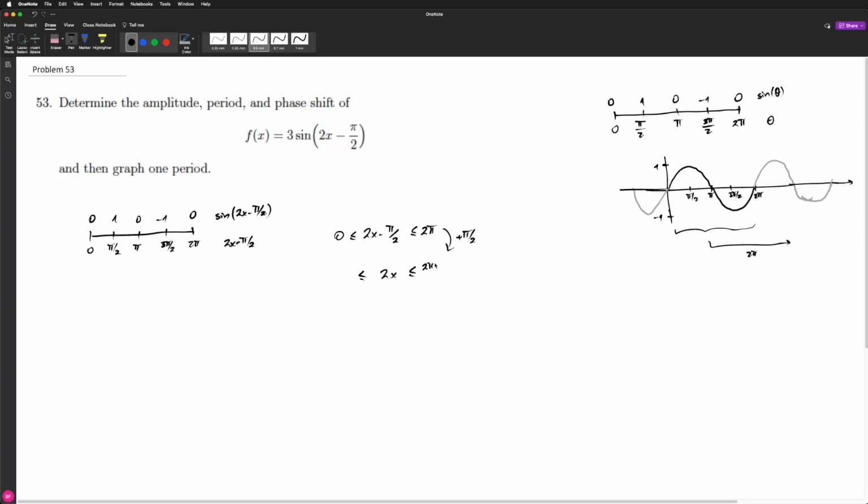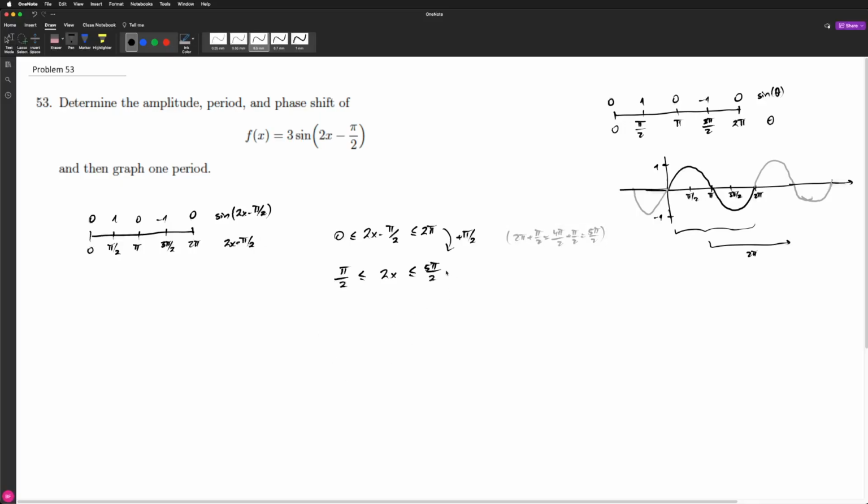So 2 pi, that's like scrap paper, plus pi over 2 would be 4 pi over 2 plus pi over 2, and that would be 5 pi over 2 on the right-hand side. On the left-hand side, 0 plus pi over 2 is pi over 2. Let me write this out.